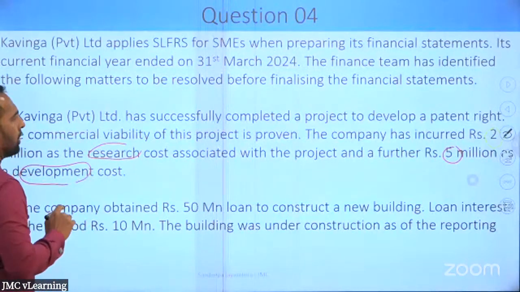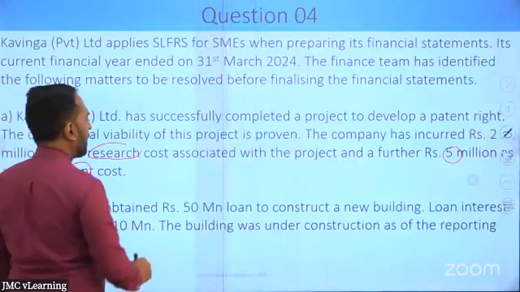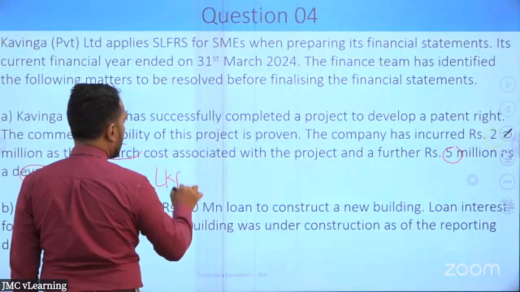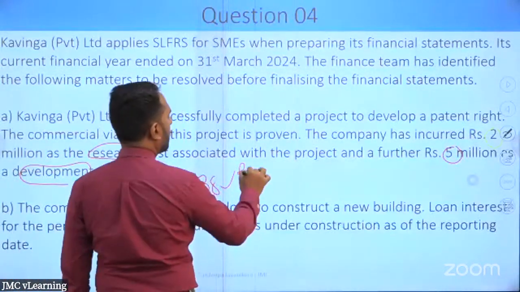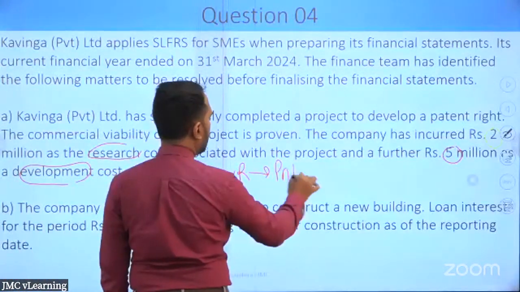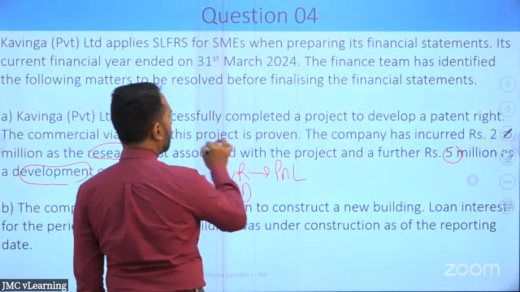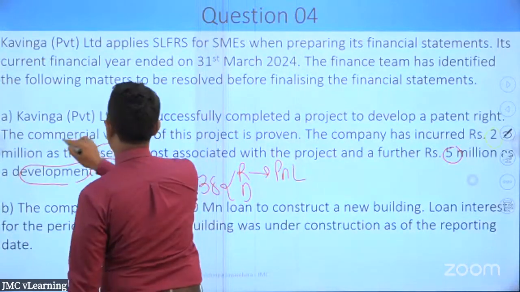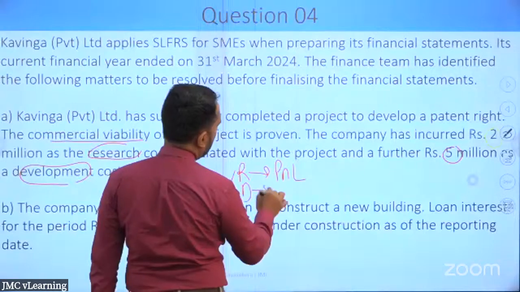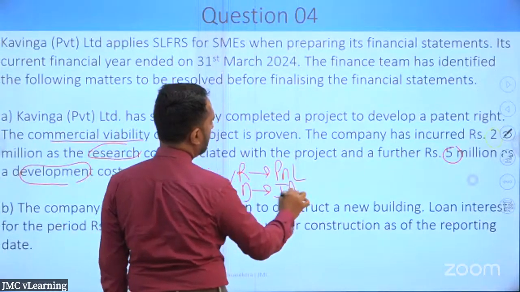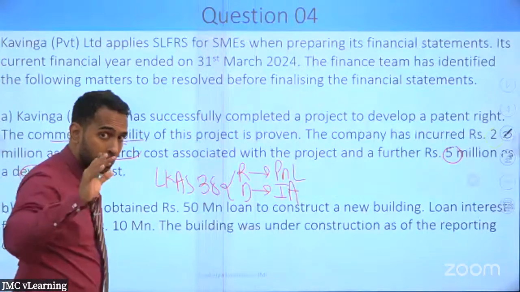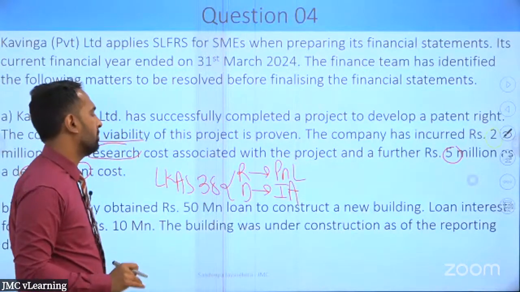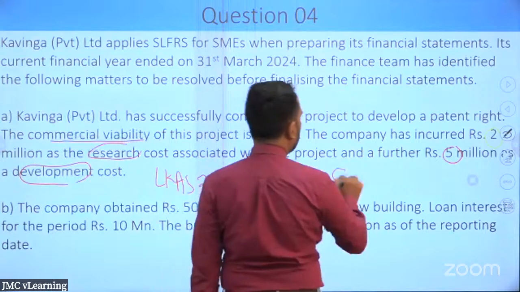Now, if it is LKAS 38, you would say research is charged to P&L, and development, since it is commercially viable, you would recognize as an intangible asset. That would be the treatment if it is not a small and medium enterprise. But now this is an SME, no?